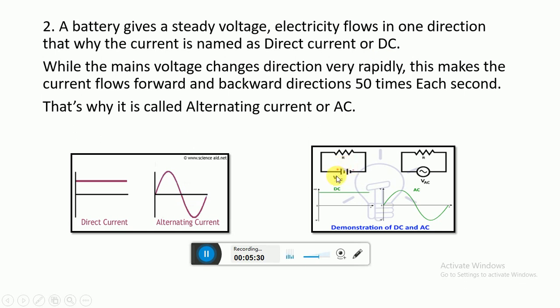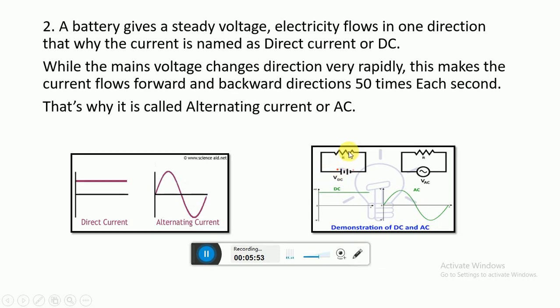This is the representation of a DC source or direct voltage source, or a cell. So a DC source is represented by two lines. One is bigger, the positive, and the smaller one is negative.